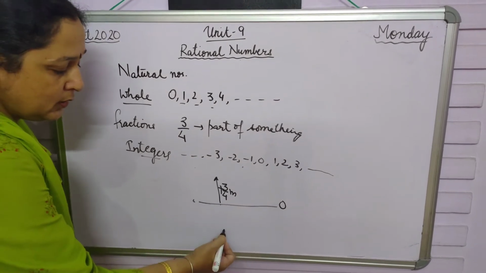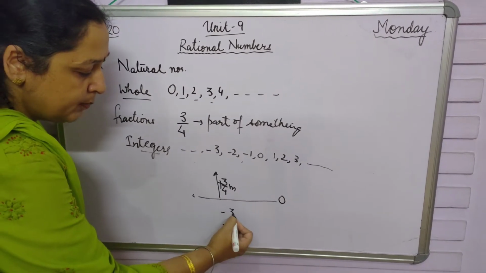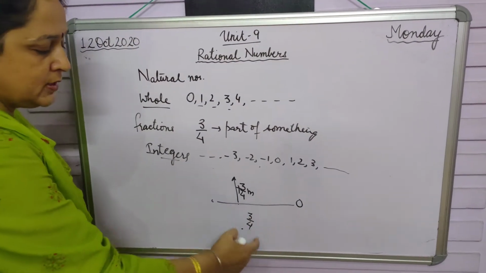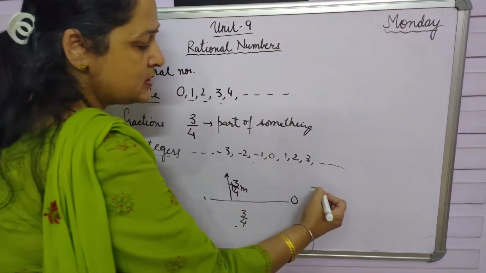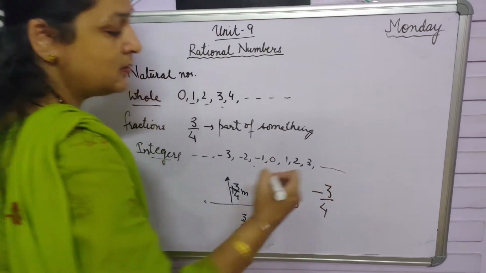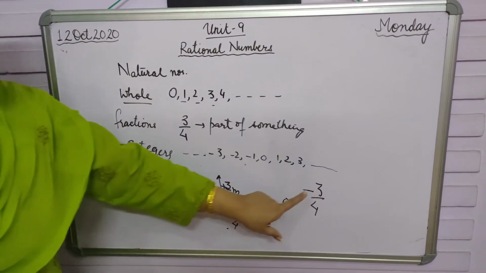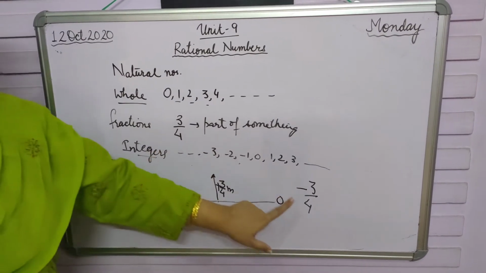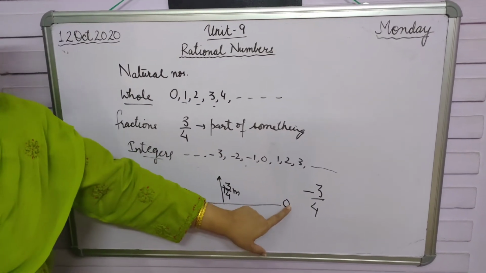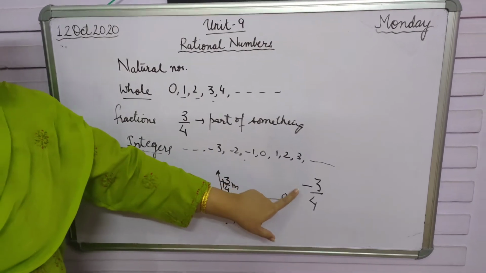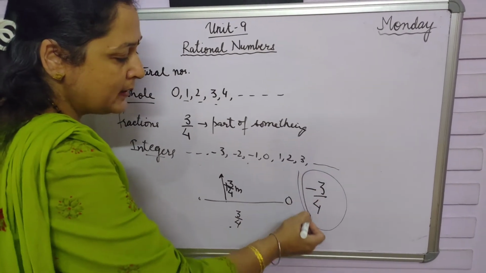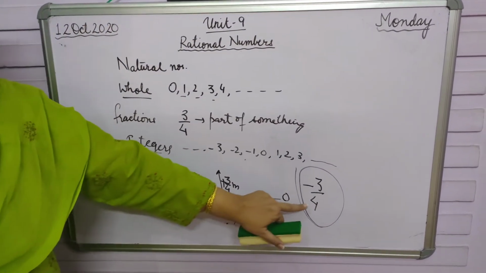How will I denote a thing which is 3 by 4 meter below this level? Because we haven't seen a number like this till now. If we talk about 3 by 4, it is a fraction and a fraction is always positive. Everywhere we have studied that a fraction is positive. Now how to denote this negative number, what to call this number?